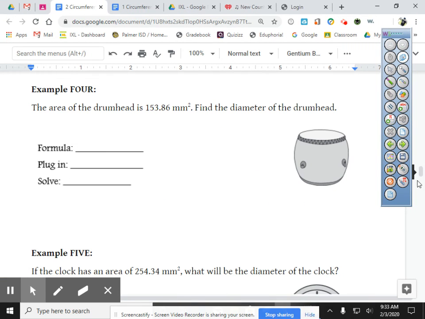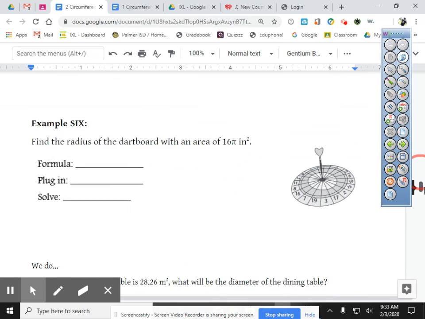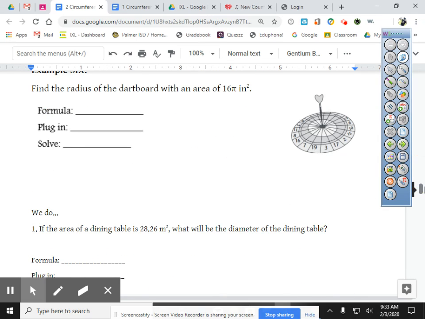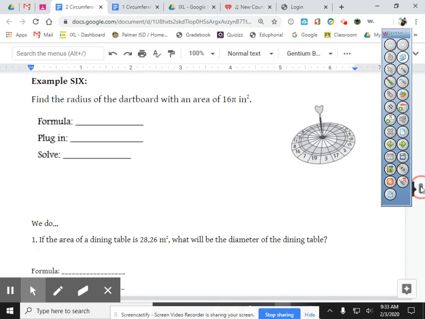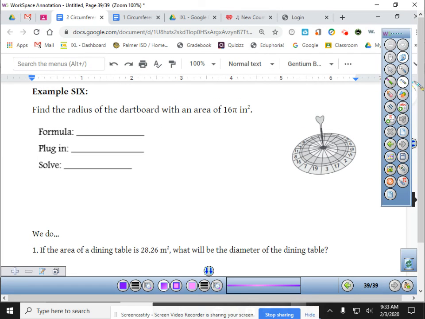Next one, example 5. Nope, we're not gonna do that. Look at example 6 on the next page. Some of you are looking at that already knowing what the answer is. So what is the formula? Area equals pi r squared.